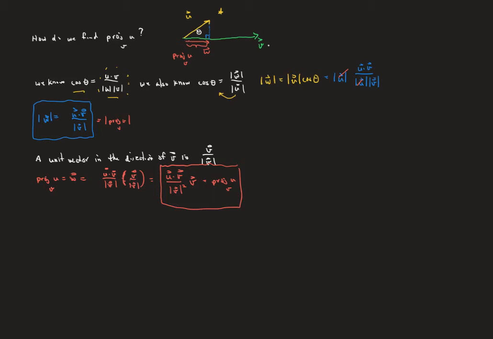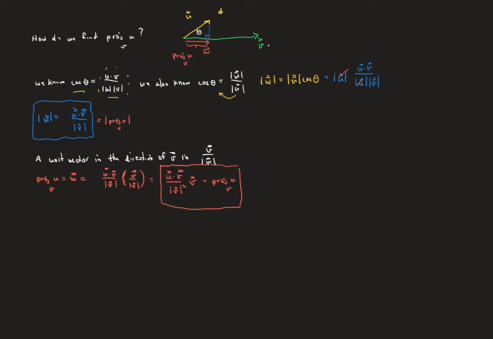So this has some importance we're going to see, for example, in work. If we're trying to move an object in the direction of the green vector v, and we're going to apply the force in the direction of the yellow vector u, then the red vector w is how much of that force is really doing what we want it to, that's moving in the direction of v.